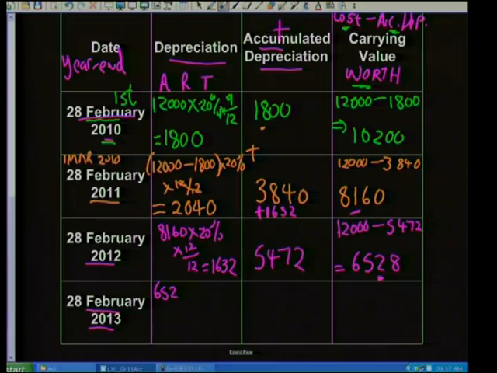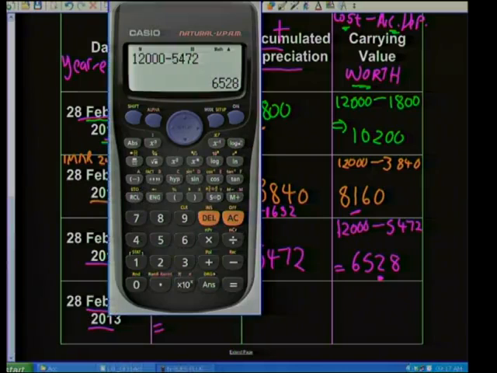The carrying value of the asset from the previous year was calculated at 6,528. Again, we're going to multiply this by the rate, 20%. It would have been used for the entire financial year, so 12 over 12, which obviously is going to cancel out.